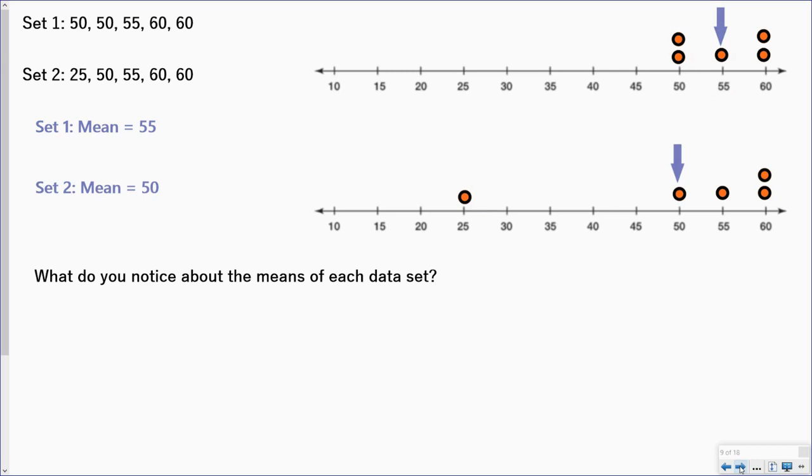What happens to the mean with these two data sets? Well, you notice that it becomes 5 less because I went from 55 now to 50. So moving this data point out to here decreases my mean by 5.